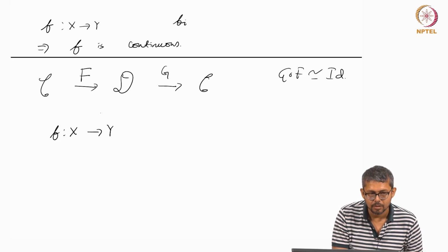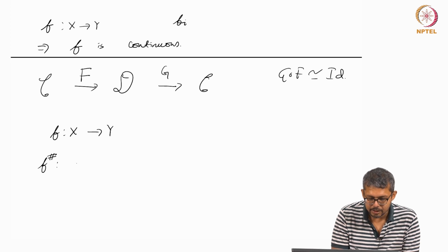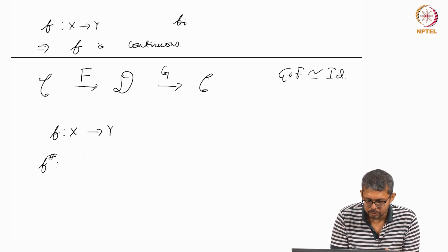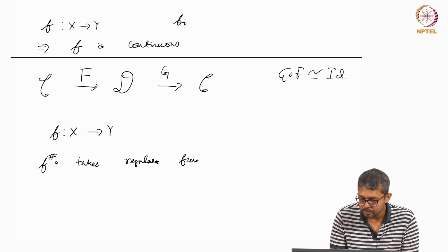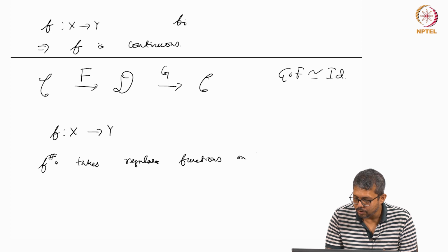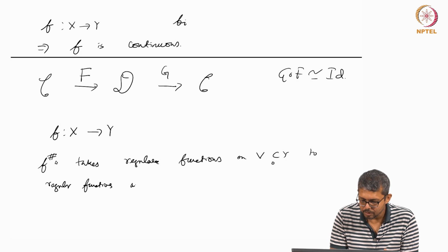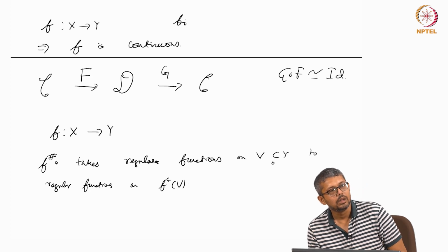So now the only thing we have to check is that F hash takes regular functions on Y to regular functions on F inverse of U. So now F hash takes regular functions on V, say V is open in Y, to regular functions on F inverse of V. Right, so how do you check that?